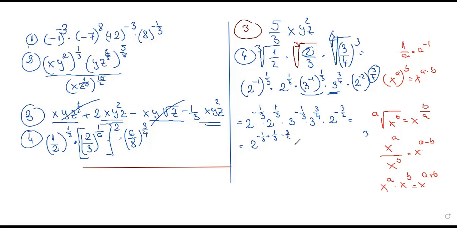And then 3 to the minus 1 over 3 plus 3 over 4. Okay, so then it's minus 2 over 6.